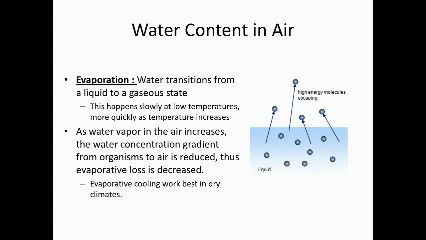So water in a liquid state is more dense, water in a gaseous state is less dense, and water is going to move just simply because there's lower pressure in that gaseous state. This will happen fairly slowly at low temperatures and will happen more quickly at higher temperatures because those higher temperatures will allow water to break that connection between water molecules, that stickiness between water molecules.